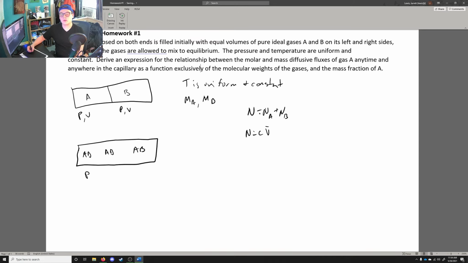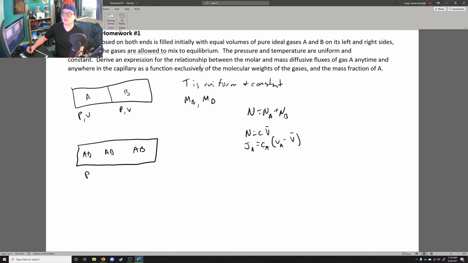We also know that the molar diffusive flux is equal to the molar concentration of A times the molar average velocity of A minus the molar average velocity. I'm writing this in terms of A because it asks in the homework.